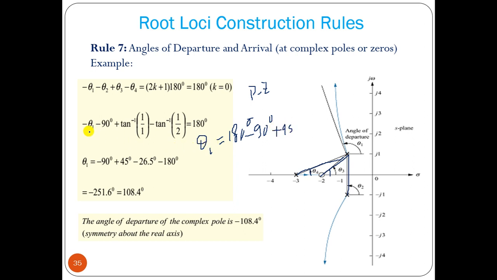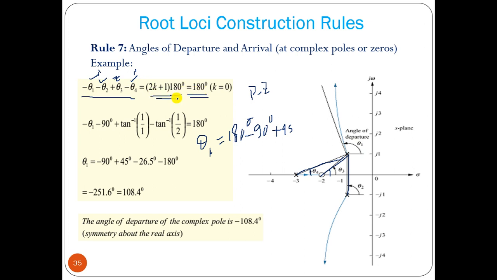So what we are writing here is the summation of all angles equal to 180 degree. Pole angle is always minus, zero angle is always plus. That you have to take care. With respect to the first pole you have to find out 180 degree.